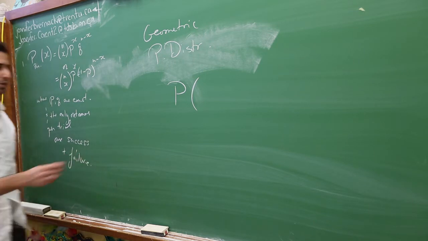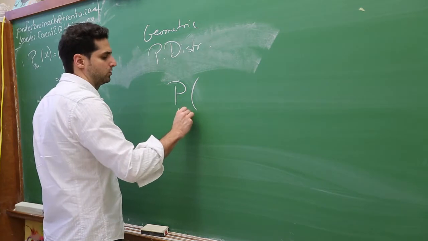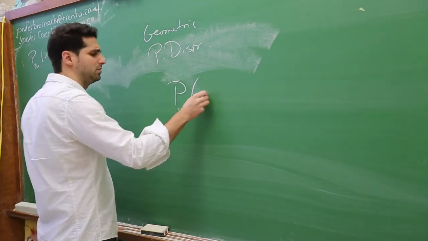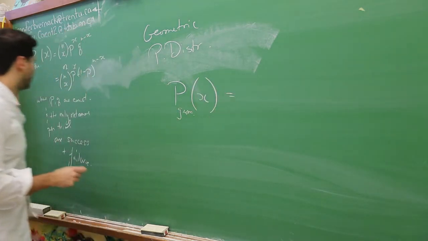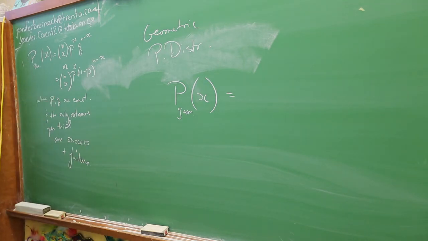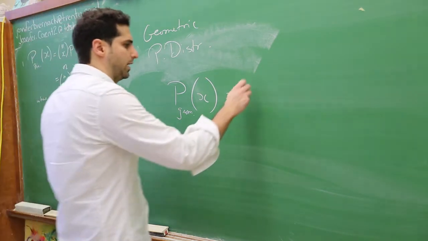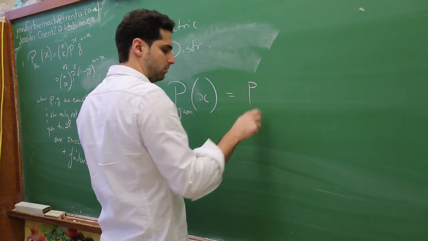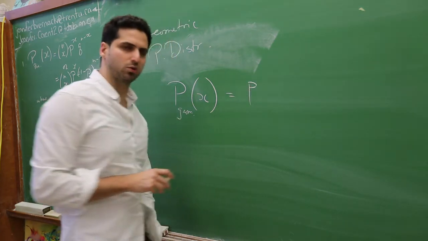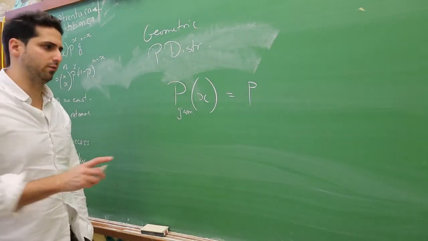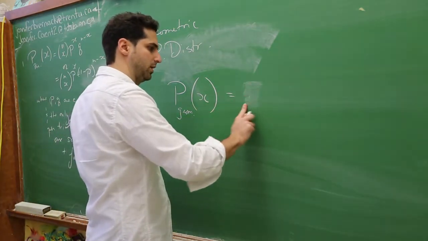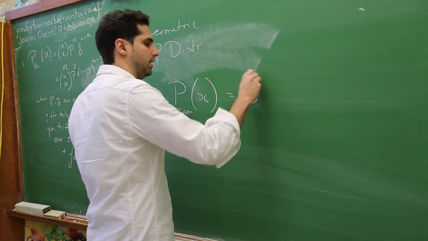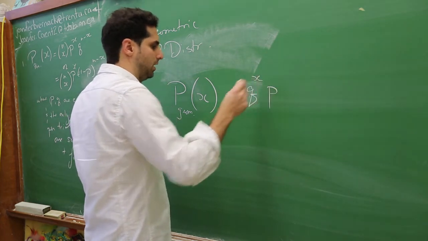So now we can do the probability of geometric, and it's going to be very similar. We're not going to have the n choose x anymore. Remember, in a geometric probability distribution, you keep on failing until you succeed. So we would have q to the x times p, I believe.